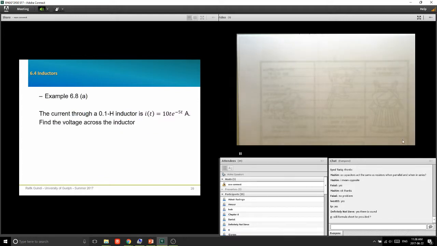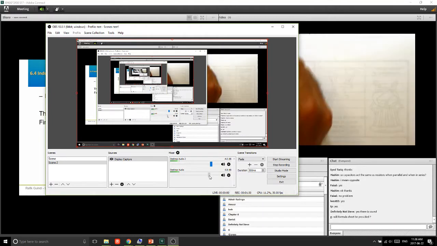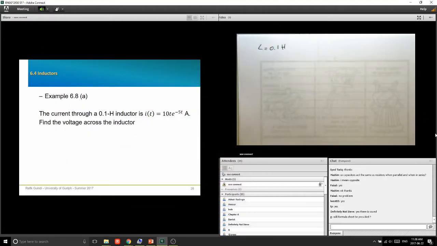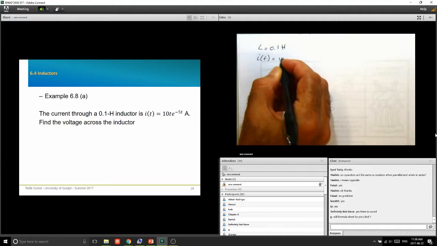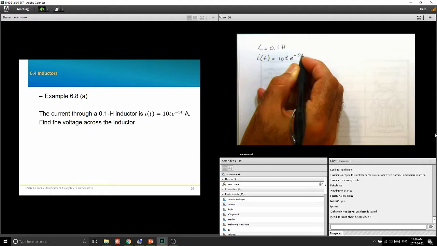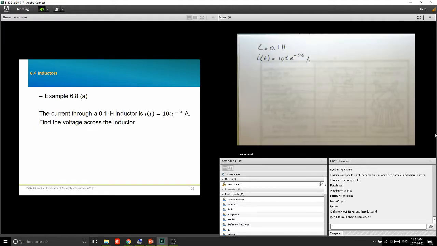Now we have here a simple example. L is 0.1 and i of t equals 10t e to the negative 5t amps across the inductor.